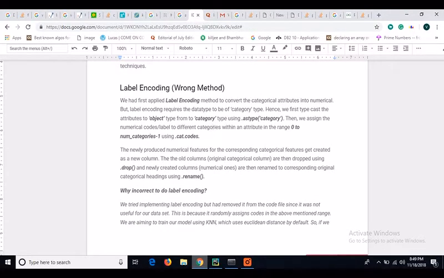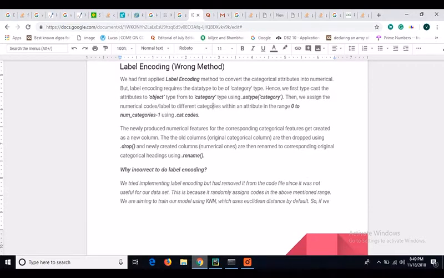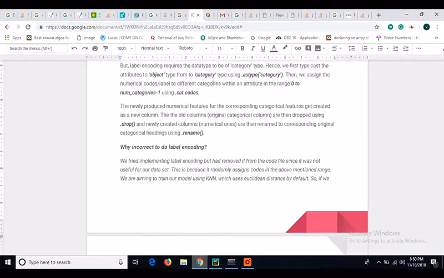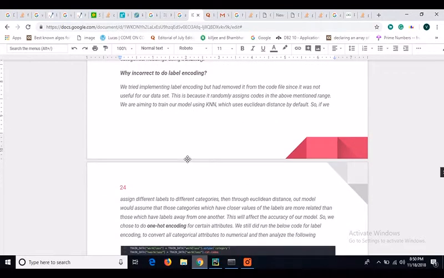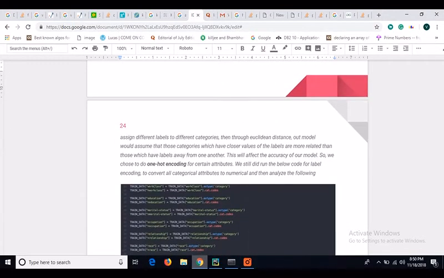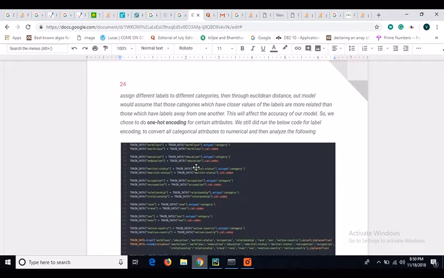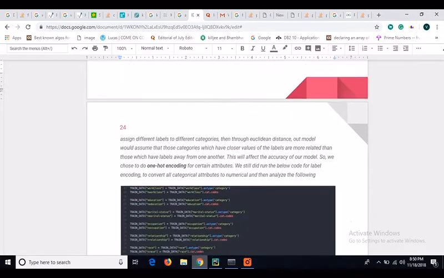First I'll explain what this method does. It assigns each category of a particular categorical variable a numeric code in the range 0 to maximum categories minus 1. This is assigned using .cat.codes, and after assigning the codes we get a numerical column. But this has a disadvantage in KNN.